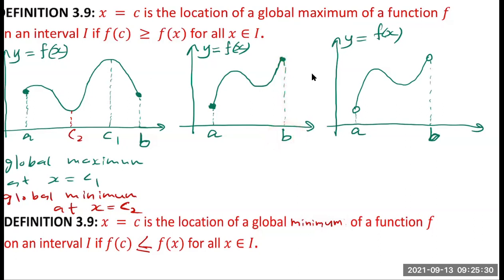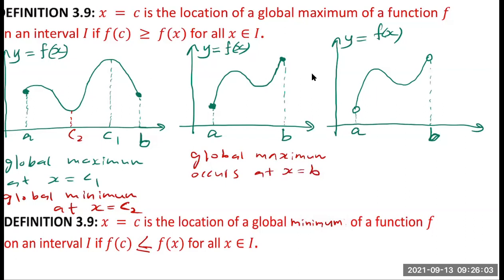That is an endpoint. That means a global maximum can occur at an endpoint as well. Not only in the middle, like in the previous case, where the global maximum occurred at an interior point C1, but in this case, the global maximum occurs at an endpoint. Okay, so let's write it. Global maximum occurs at x is equal to b.